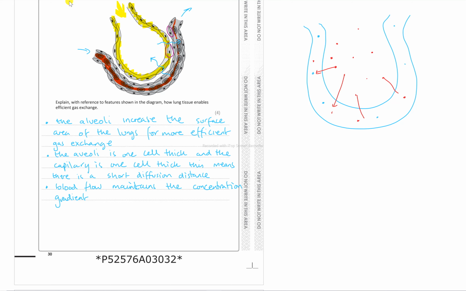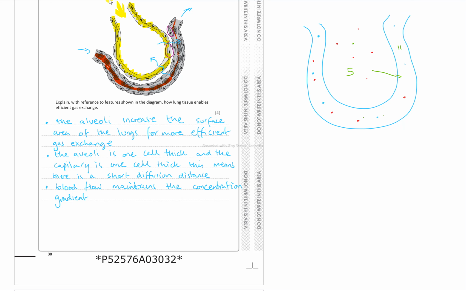So now what's happened is, that's disappeared, that's disappeared, that's disappeared, that's disappeared. Right, so now you've got 5 outside, and you've got 11 inside. So now diffusion is going to stop taking place.